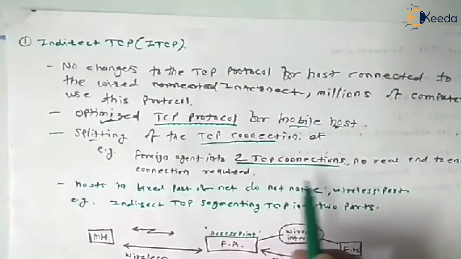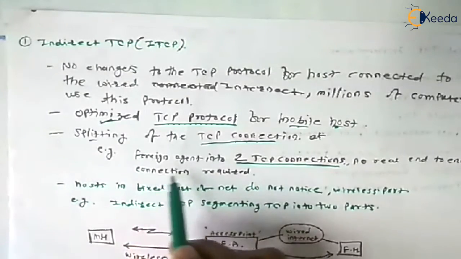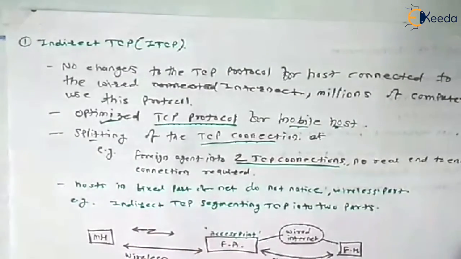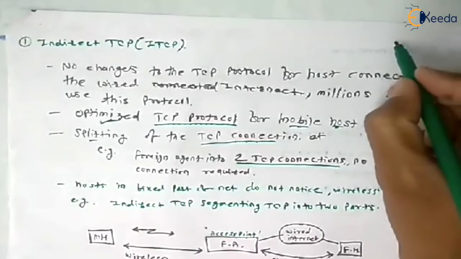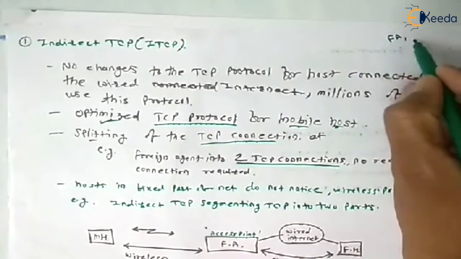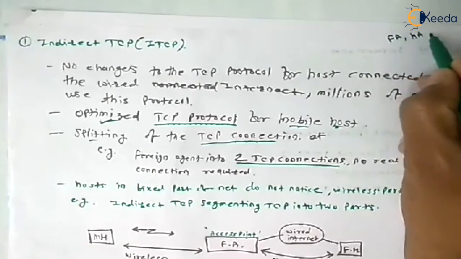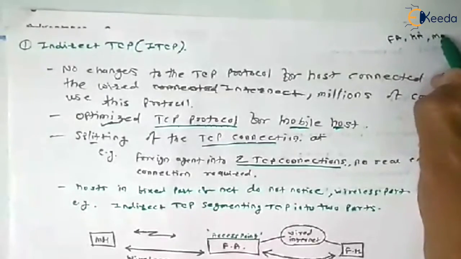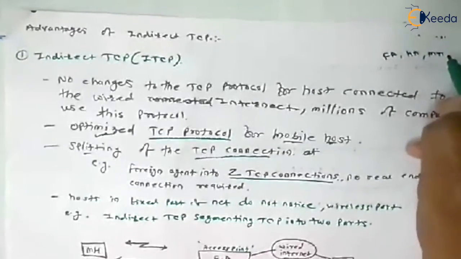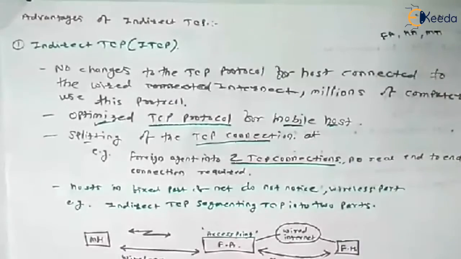Look here, for example, foreign agent, home agent, mobile host. We have discussed this before also. The foreign agent is the router where our device is currently present.